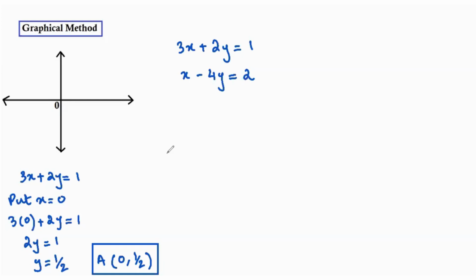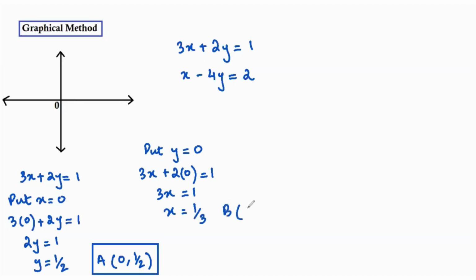Now we're going to find the x-intercept. So for the x-intercept, I'm going to do the opposite. I'm going to put y equals 0 now. So when I put y equals 0, I'm going to get 3x plus 2 times 0 equals 1, which is 3x equals 1 and x equals 1 over 3, which means the second set of coordinates is 1 over 3 and 0.